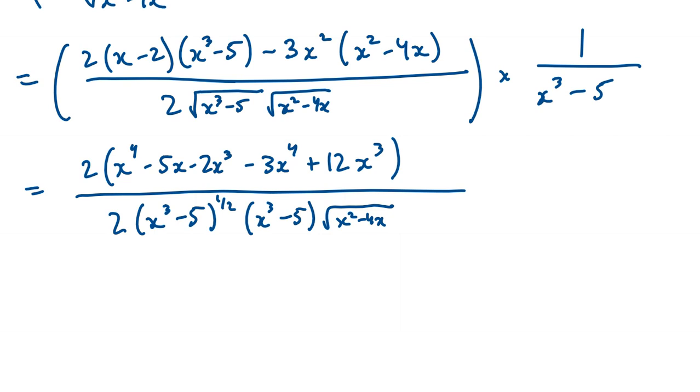Why did I write these back into exponential form? How do I do that? Yep, you can do it. Cancel the 2's?